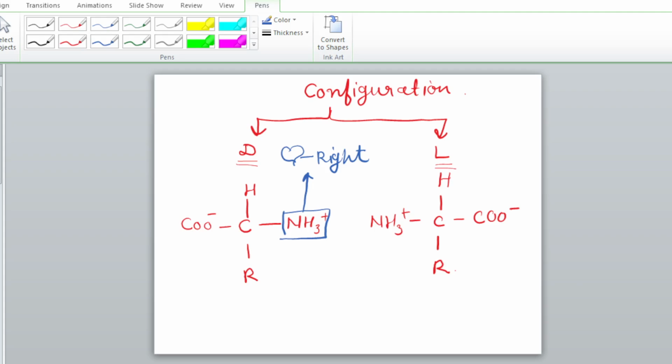In nature, mostly the L form of amino acid occurs.